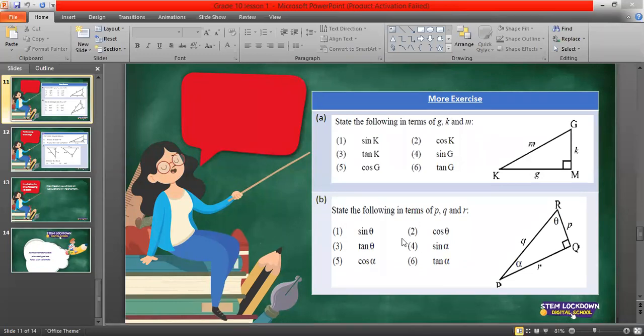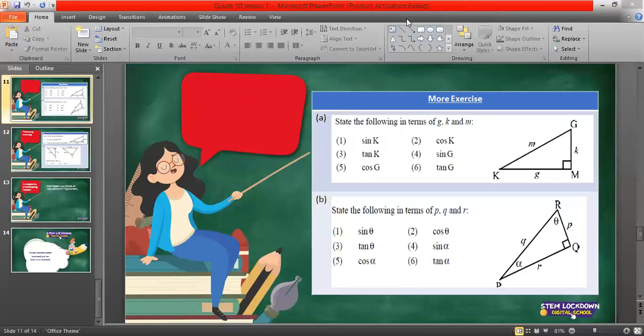So now look at this other one. State the following in terms of p, q, and r. So now what is sine theta in terms of p, q, and r?